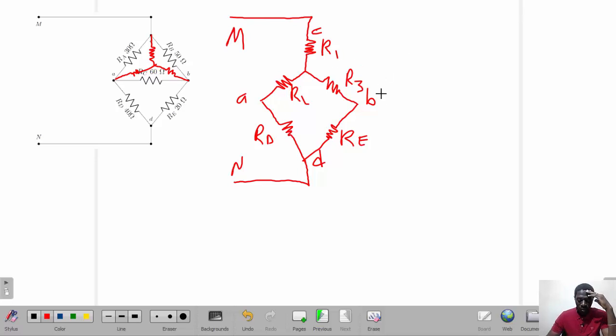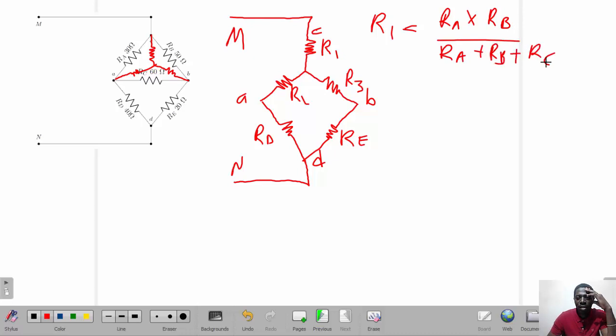Now, how do we get the value of R1? R1 in this case is equal to RA multiplied by RB over the sum of RA plus RB plus RC, which in this case is equal to 30 times 50 over 30 plus 50 plus 60.